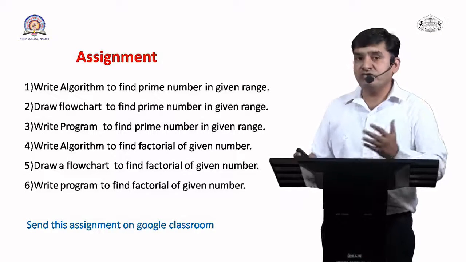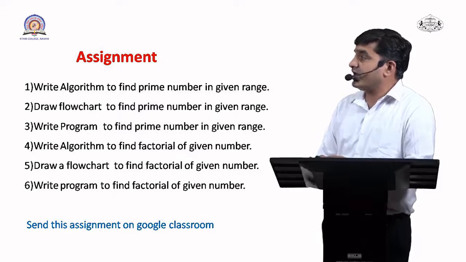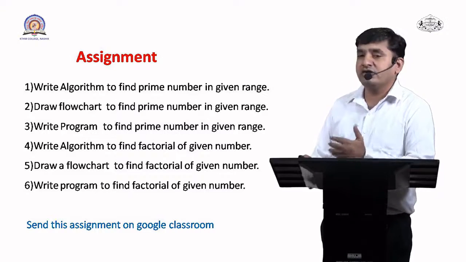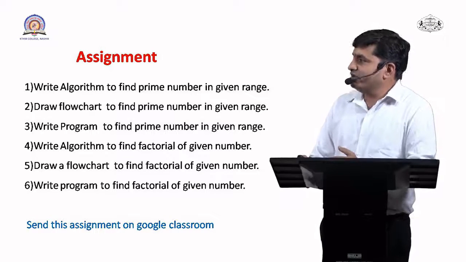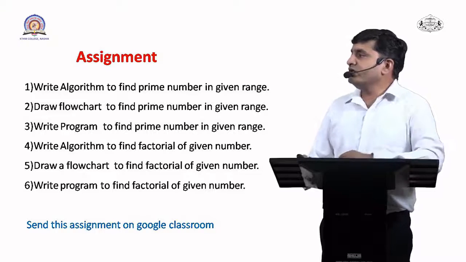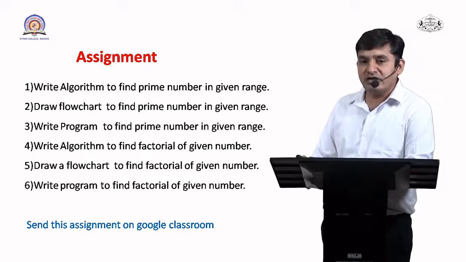Now you have some assignments. First, write an algorithm to find the factorial of a given number. Write an algorithm to find prime numbers in a given range. Then draw a flowchart to find prime numbers in a given range.